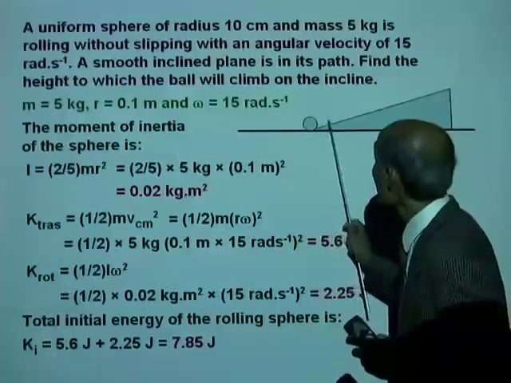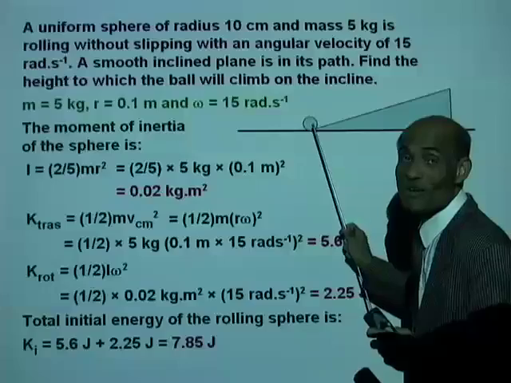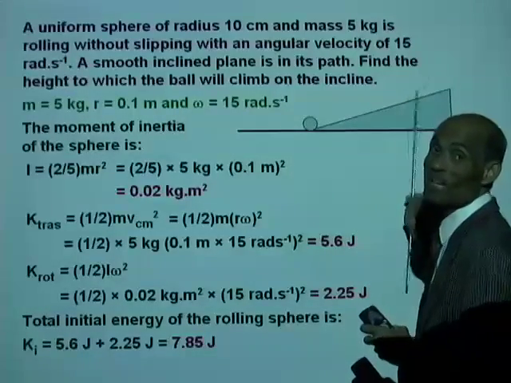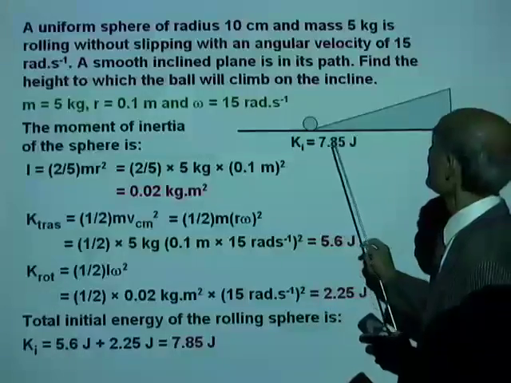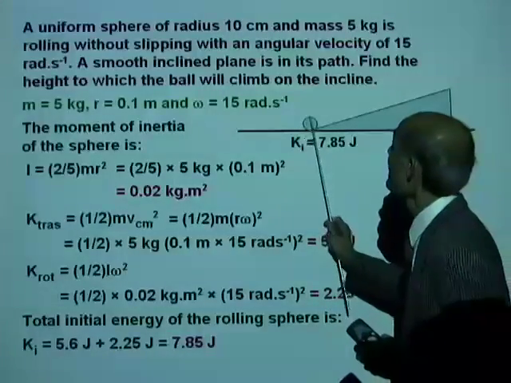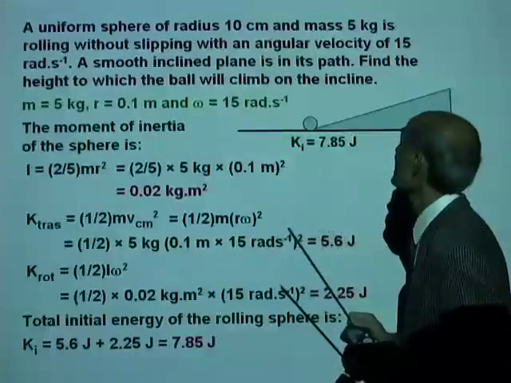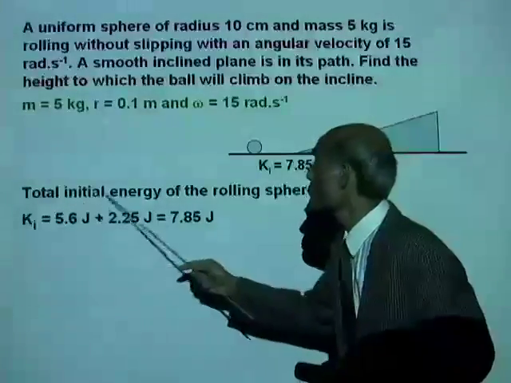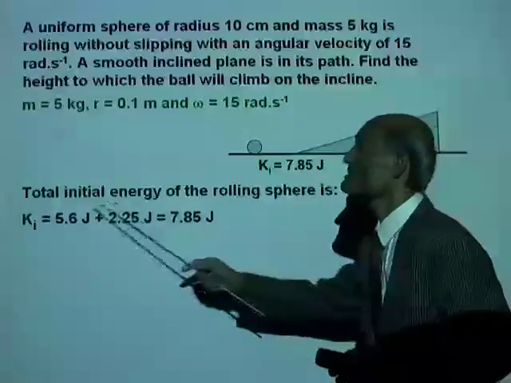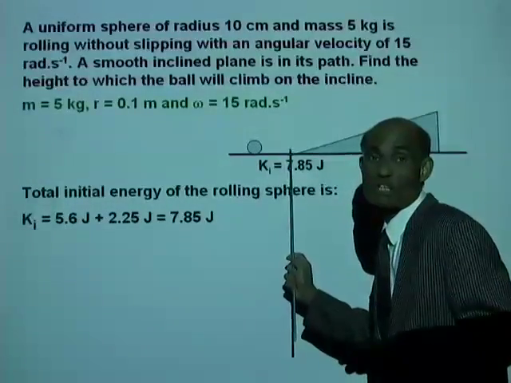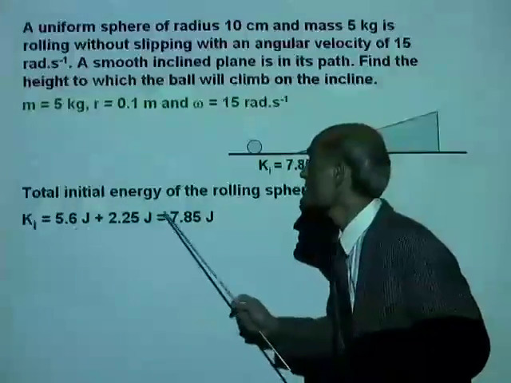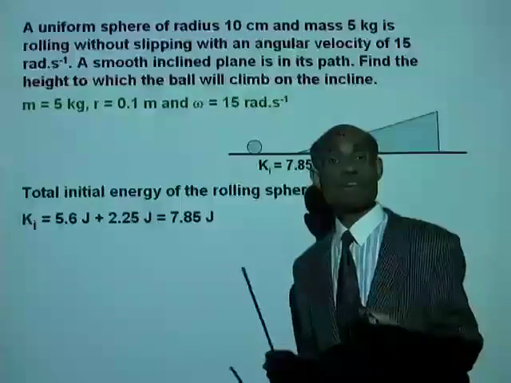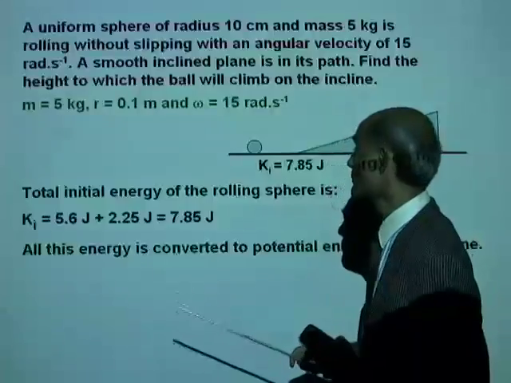It is now going to roll up, so all the kinetic energy is now going to become potential energy. Alright, so Ki, the initial kinetic energy, is 7.85 joules. The total energy of the rolling sphere at the bottom is 7.85 joules. Its potential energy there will be 0.